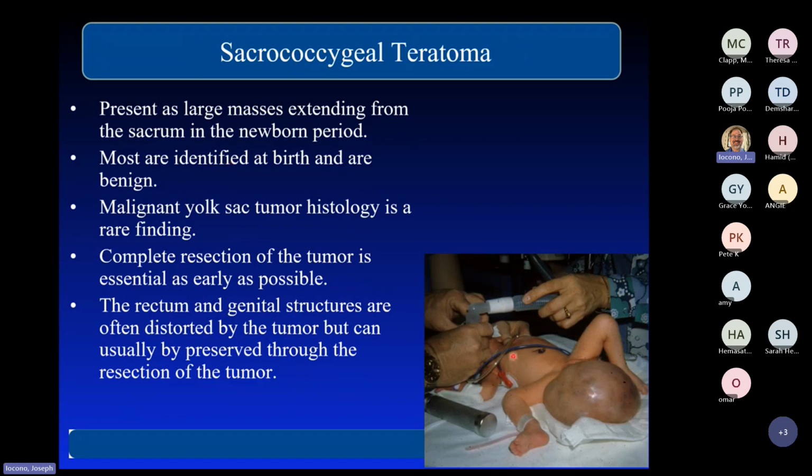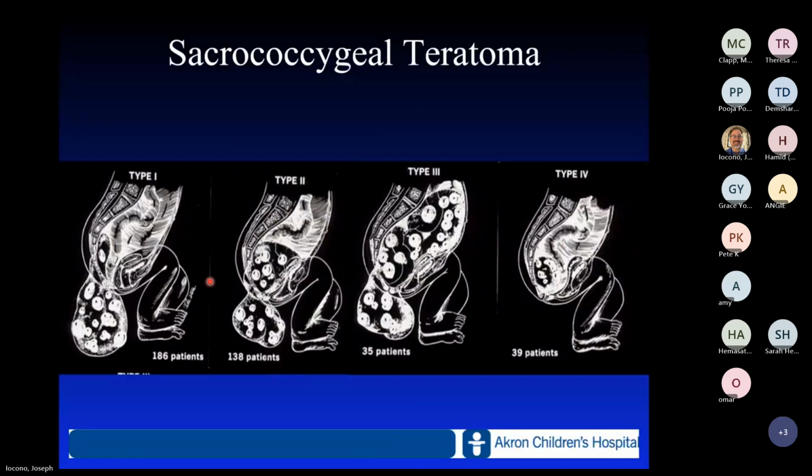Sacrococcygeal teratoma, big mass coming out the butt in a baby, is usually not malignant. Usually it's a really big, benign teratoma. Rectum and general surgery usually displaced and not involved. It's got 4 types. Most common type is a type 1, where it's completely extracorporeal.